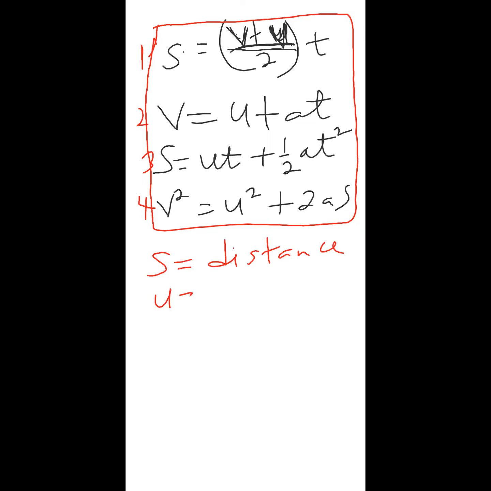U means initial velocity, or initial speed. I'm using V and U interchangeably to mean velocity or speed. Then V means final velocity or speed.